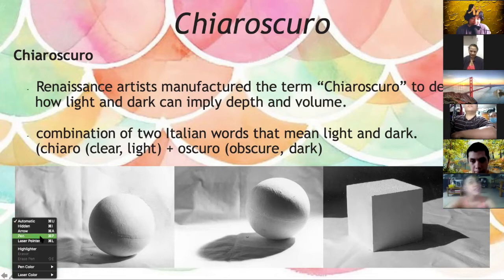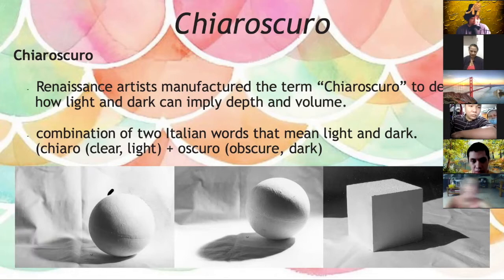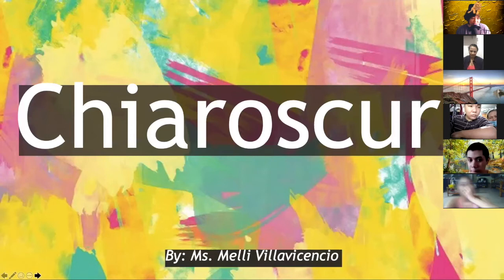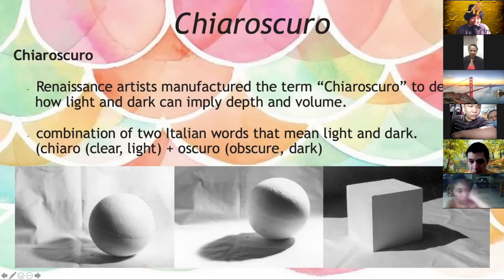Before I move on to the next slide, I want to show you examples. As you can see here, this is a sphere. This is a photograph of a sphere wherein the artist can practice copying the sphere. Pang-practice din po yan on how to draw and shade the shadows.